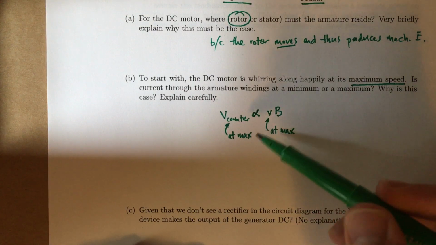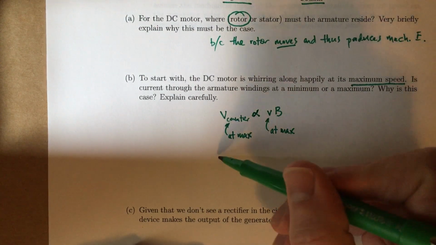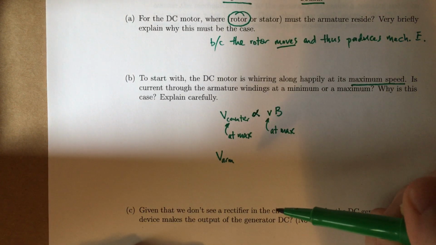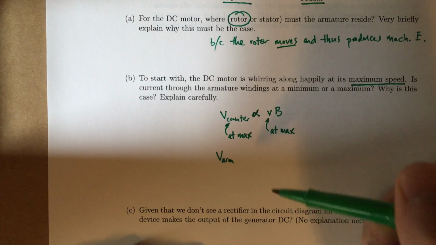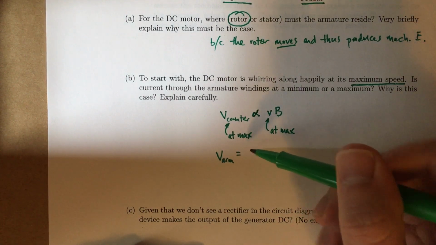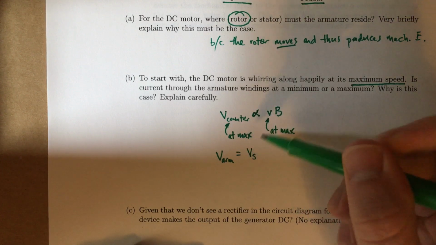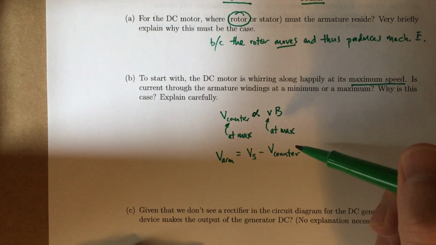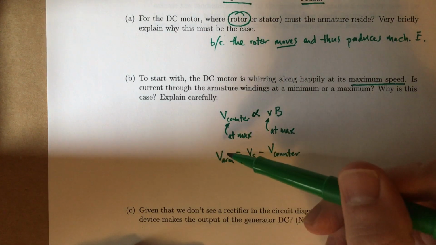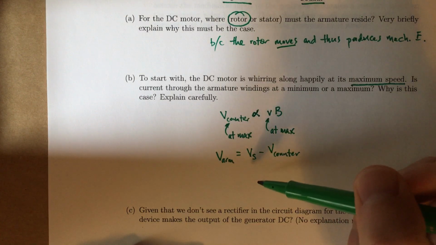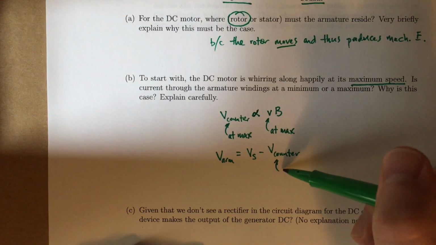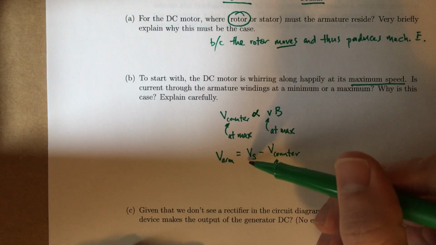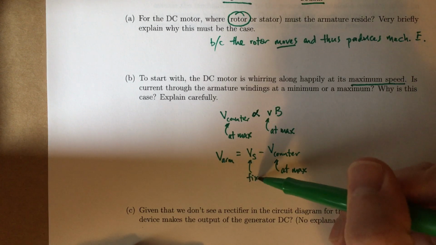And if that's the case, then if we look at the relationship for the net voltage across the armature, the thing that's going to tell us with Ohm's law how much current is going through the armature, that's equal to the source voltage, V sub S, minus however much counter voltage we've got. All right? So we know that the countering voltage is at a max, and this is fixed.